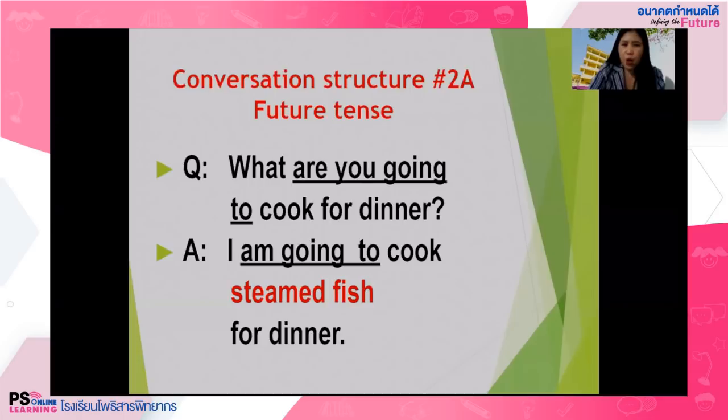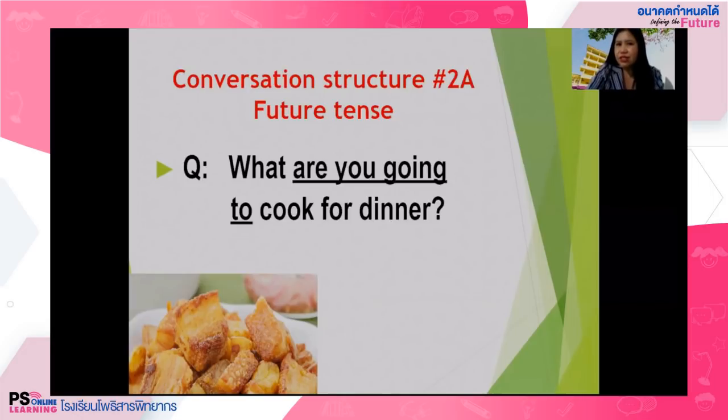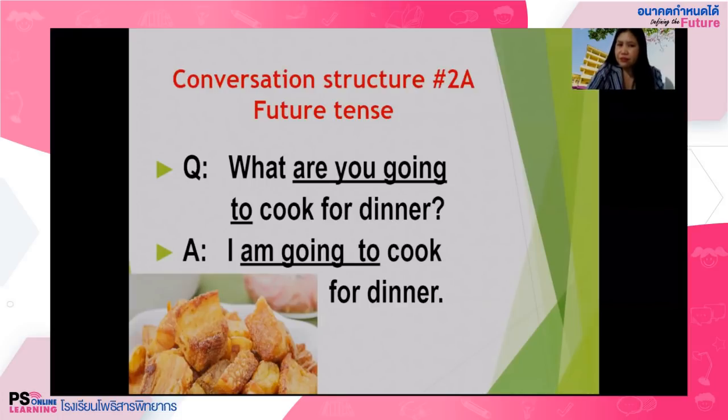Got it? Okay, so let's try this. What is this? That's pork. Okay, what is the name of the dish? So you have to answer this. What are you going to cook for dinner? How do you answer? Very good. I am going to cook fried pork for dinner.